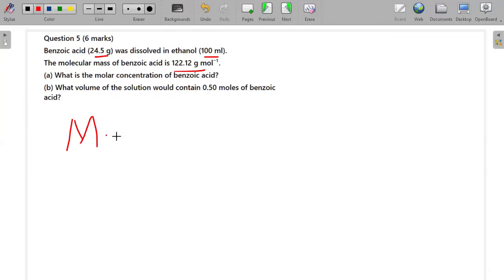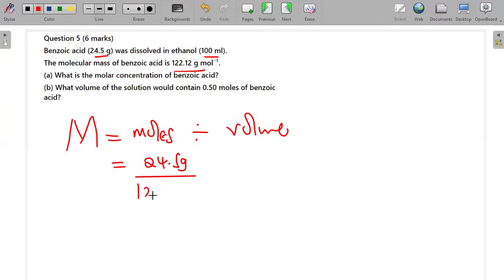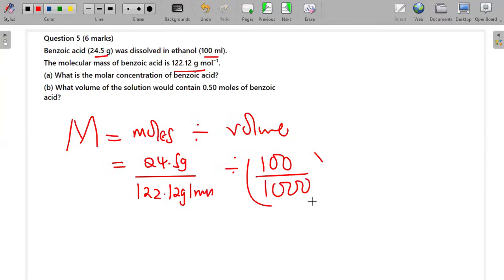So we're finding the molarity, which is equal to the moles divided by the volume. So the moles is the mass, 24.5 grams, divided by the molar mass, 122.12 grams per mole, then divided by the volume, which is 100 milliliters. I have to divide it by 1,000 to change it into liters.